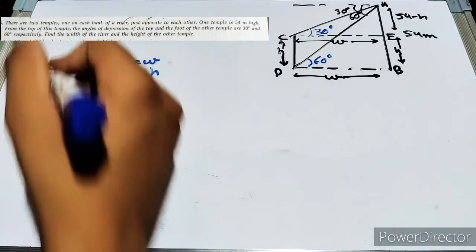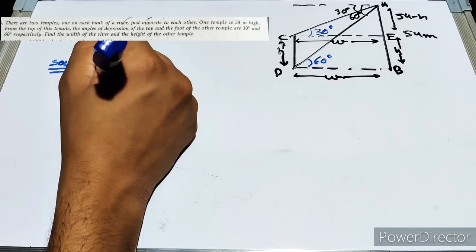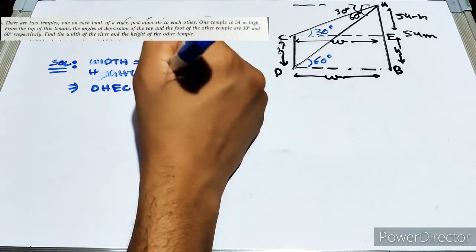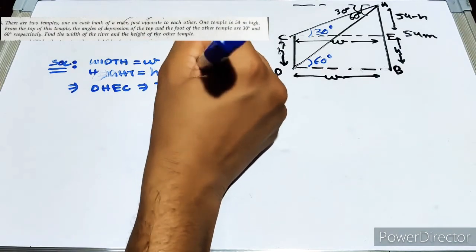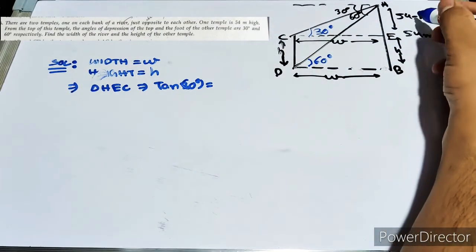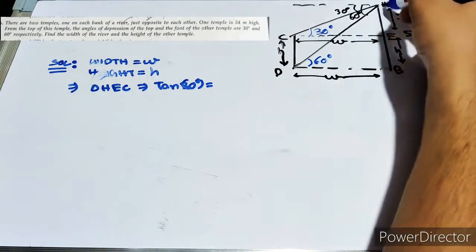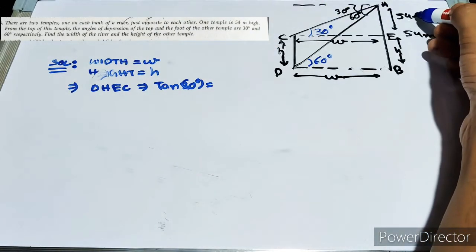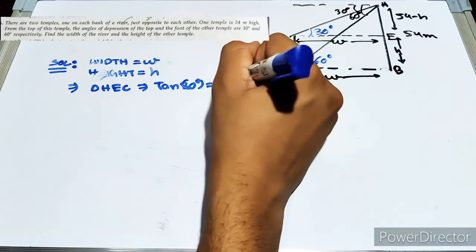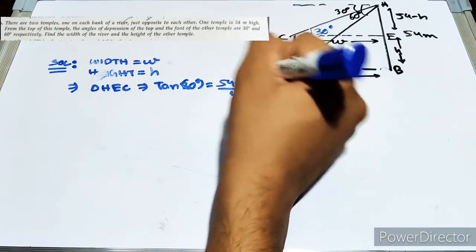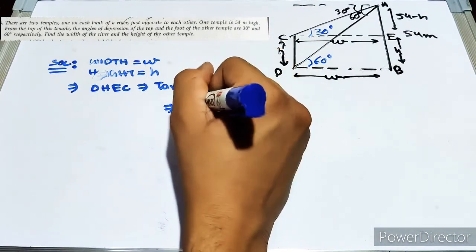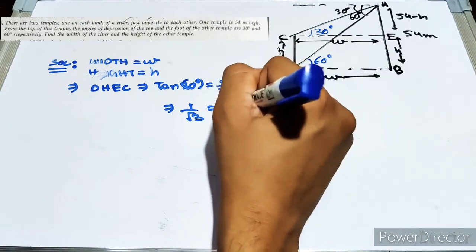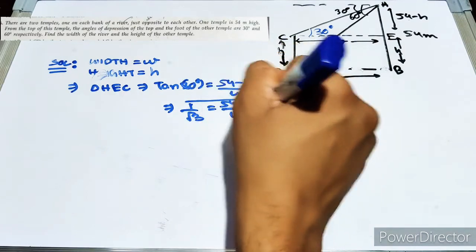Okay, now we can see from the triangle HEC that tan of 30 degree, we know that it's 54 minus h upon w from this triangle HEC. Tan of 30 degree is equal to 54 minus h upon w. This implies 1 upon root 3 is equal to 54 minus h upon w. So this is our first equation.